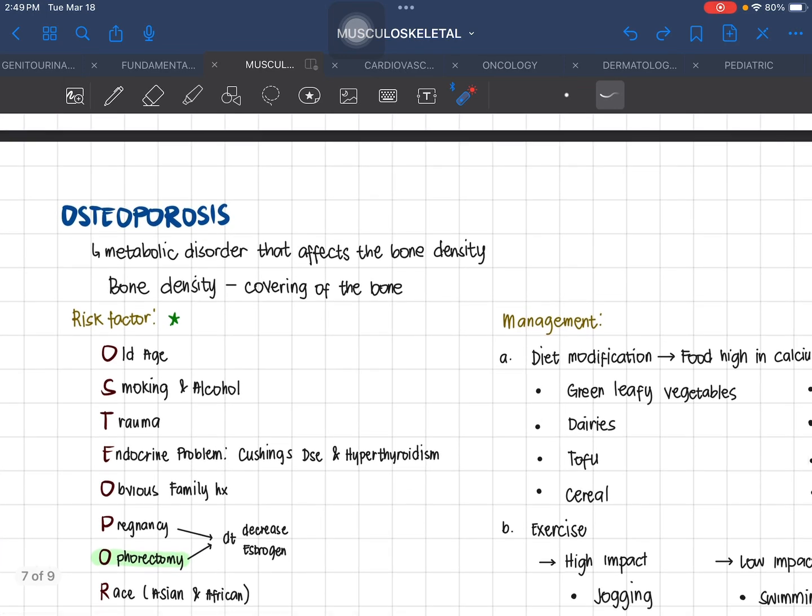Osteoporosis is a metabolic disorder that affects the bone density. So, ang bone density is the covering of the bone. So, ano ba yung risk factors?